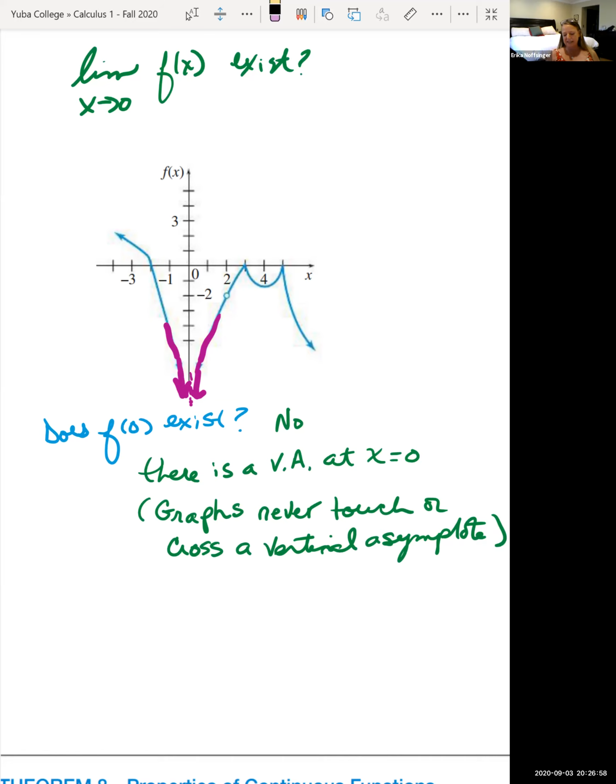It will exist if it goes on both sides to one value, and that one value that they're both heading towards is the same.